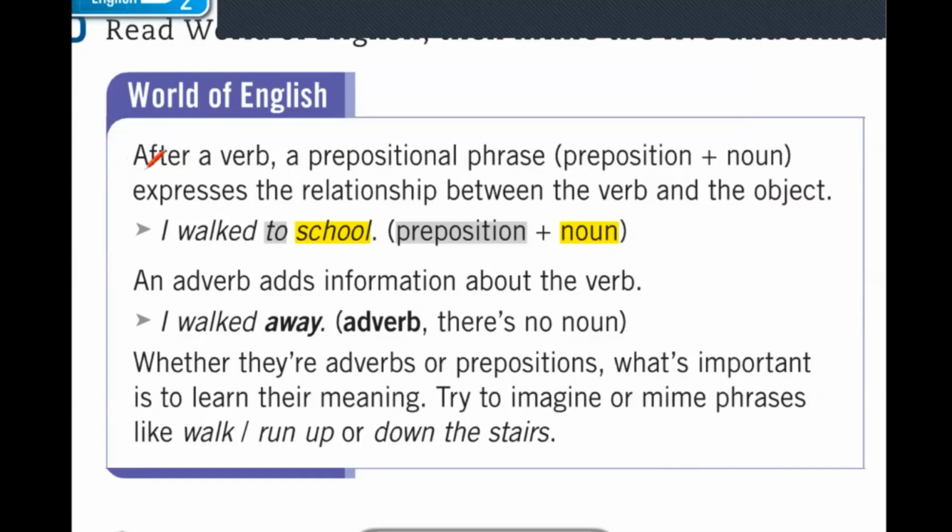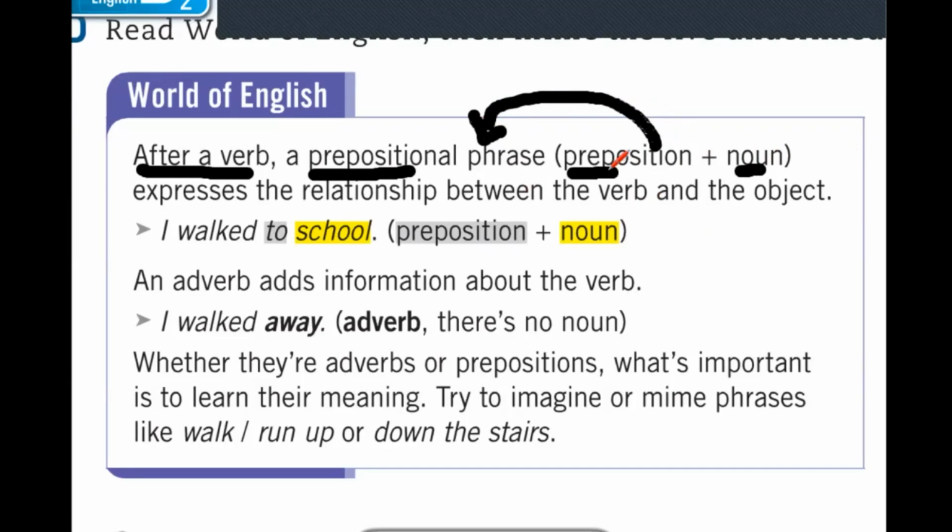So when immediately after the verb we have a prepositional phrase, and you might be wondering, teacher, what is a prepositional phrase? It's very simple. It's the combination of a preposition and a noun. So the combination of these two words makes a prepositional phrase.